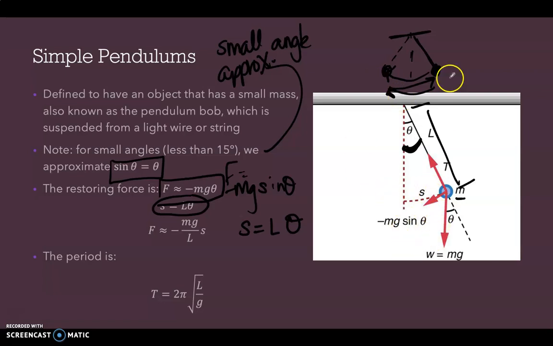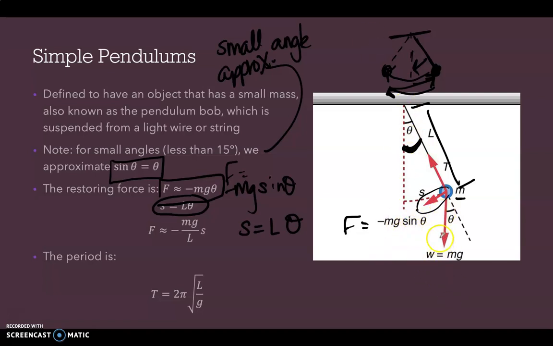So if we took a pendulum and put it out of equilibrium, there's going to be some kind of restoring force to try to get it back. That's what this restoring force is, that arrow right there. You can calculate it through some algebra and get that it is equal to negative mg times sine theta.